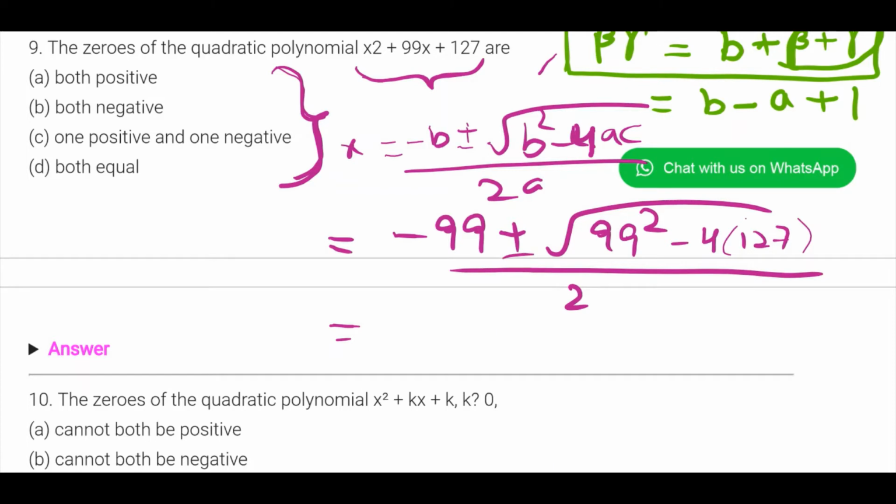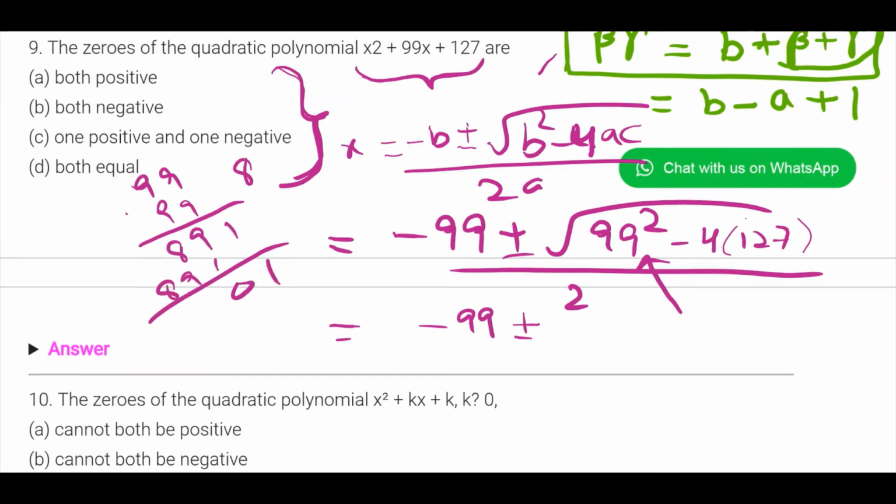So this will be minus 99 plus or minus the square root of, first find the square of 99, which is 9801. 127 into 4 gives 508.